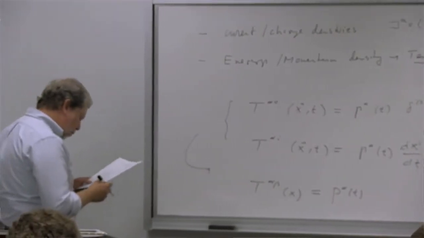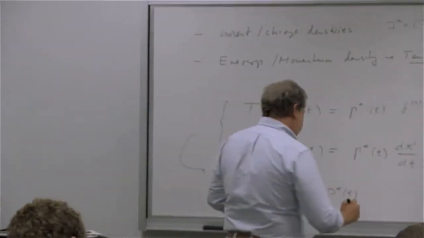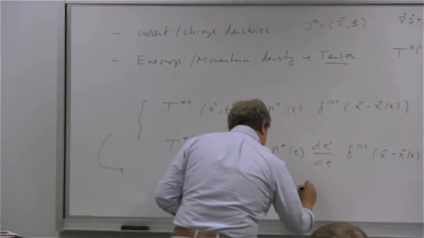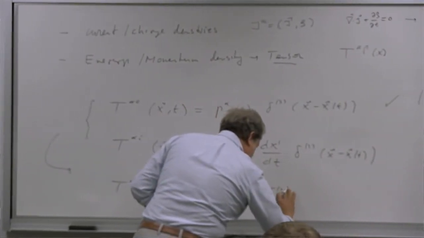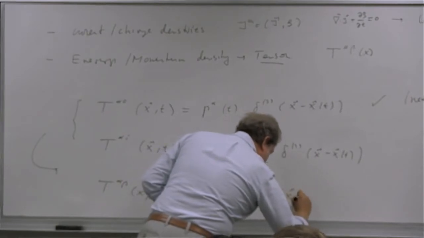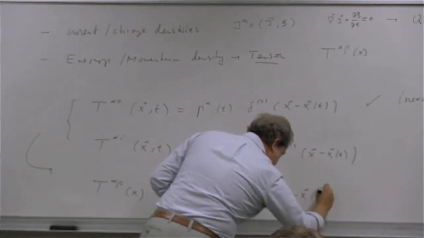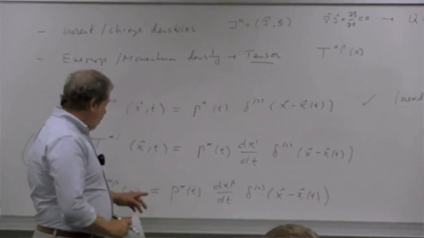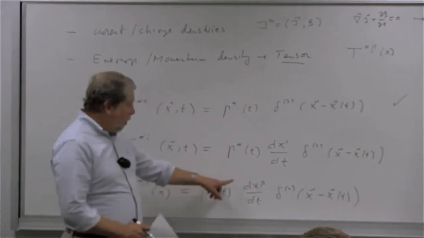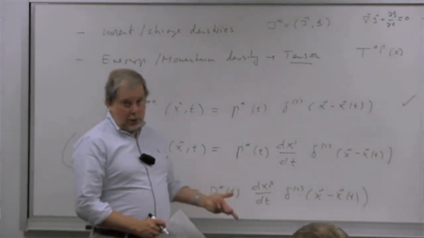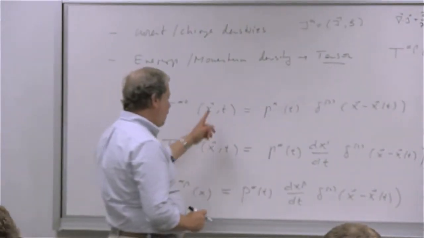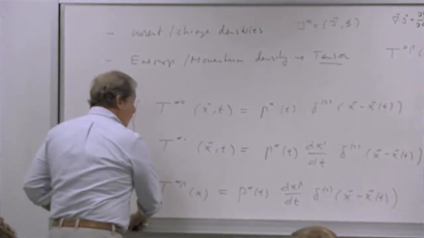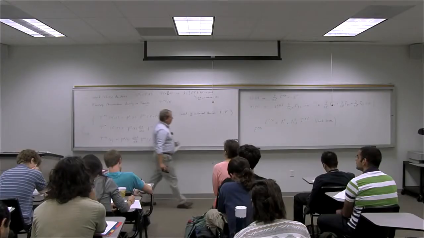And for the second one, it would be dx beta by dt times delta 3 of x minus x of t, right? That works because if you take the naught component, you get dx naught by dt, which is dt by dt, which is 1, right? So this combines the previous ones into one single expression.